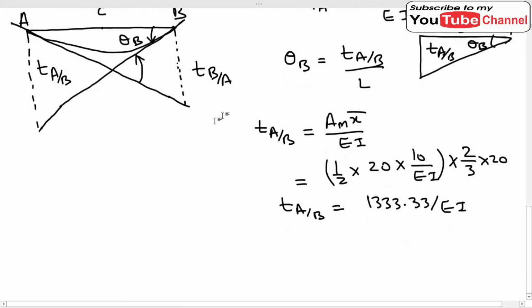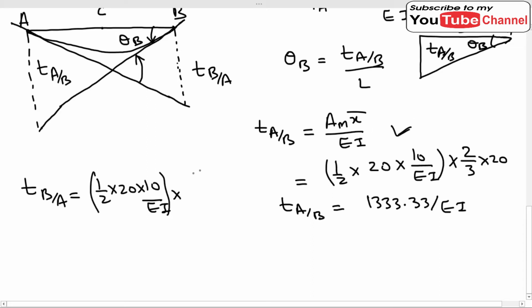Now in the similar way we will find out the value of TB over A. The value of TB over A will be found very easily, and the formula will remain the same, AM x bar upon EI.